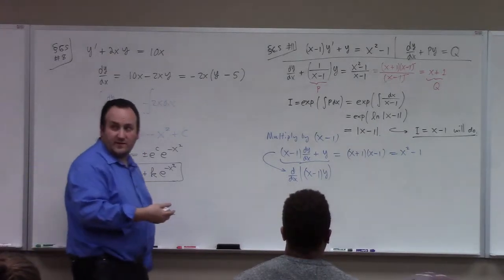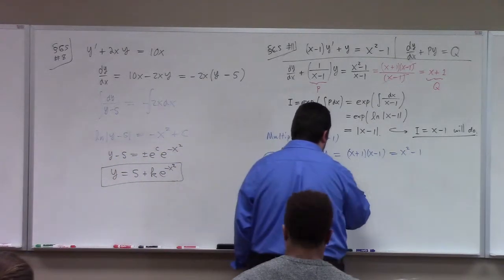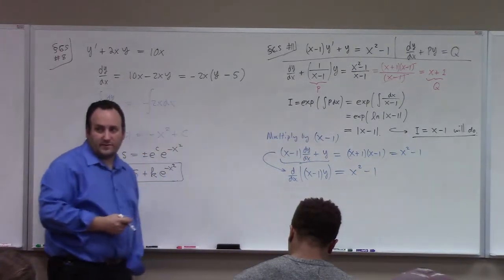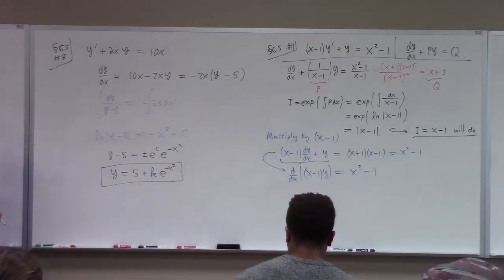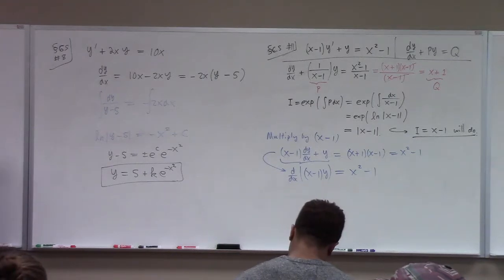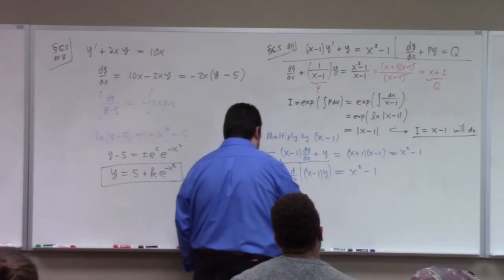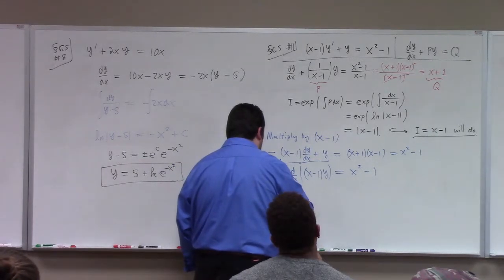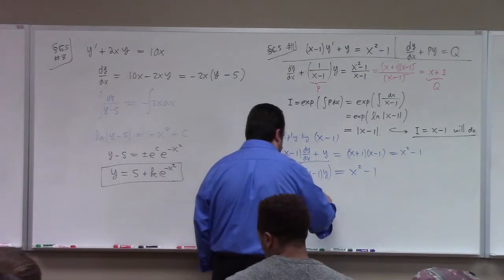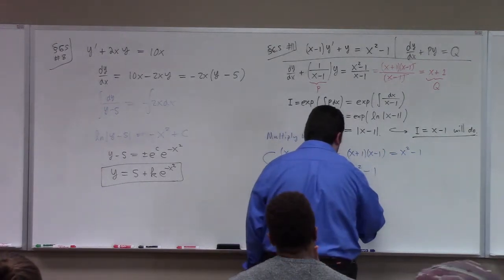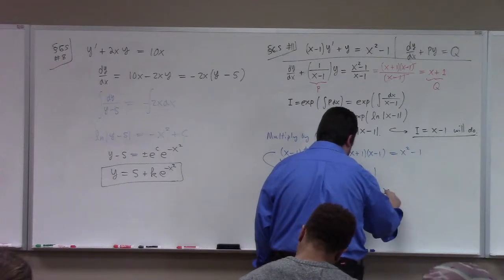But this is equal to x squared minus 1. So at this point, we can integrate both sides, right? Integrate, what does it give us? We get x minus 1 times y is 1/3 x cubed minus x plus a constant.